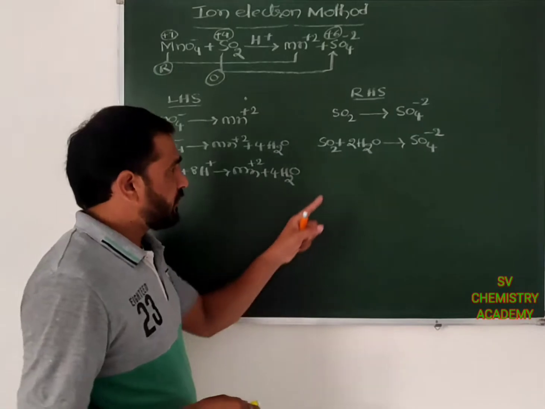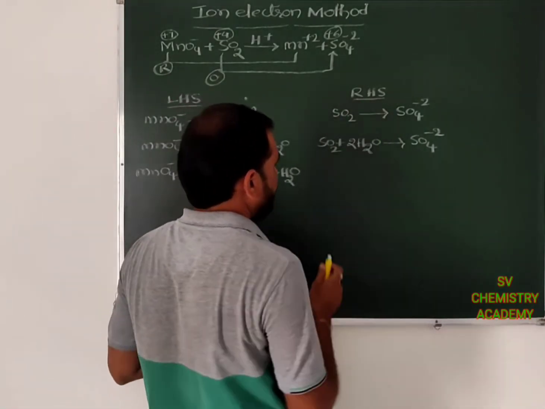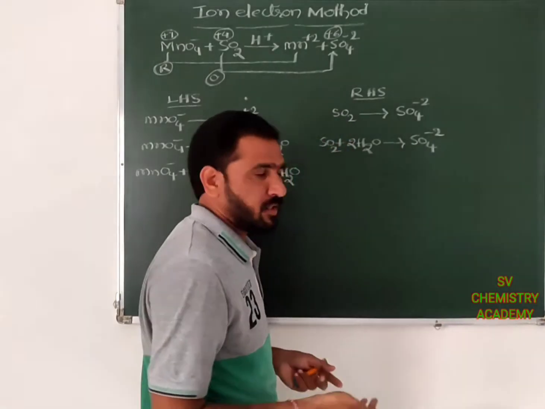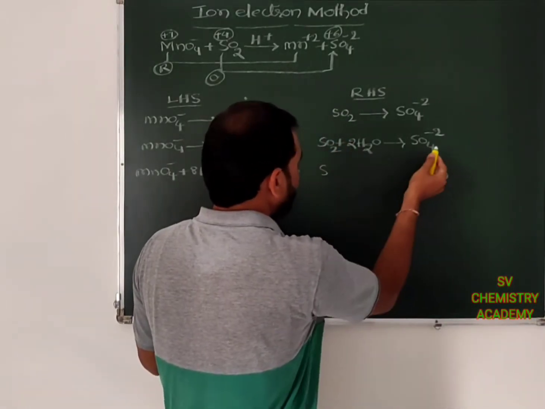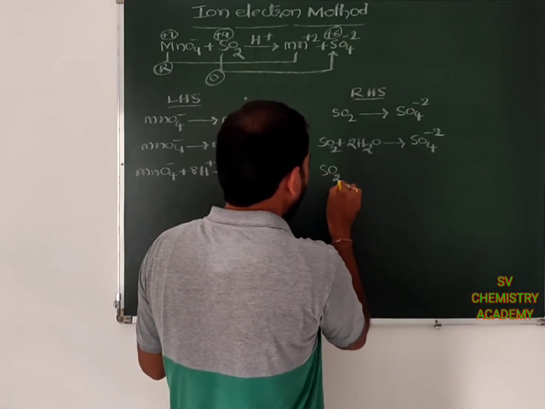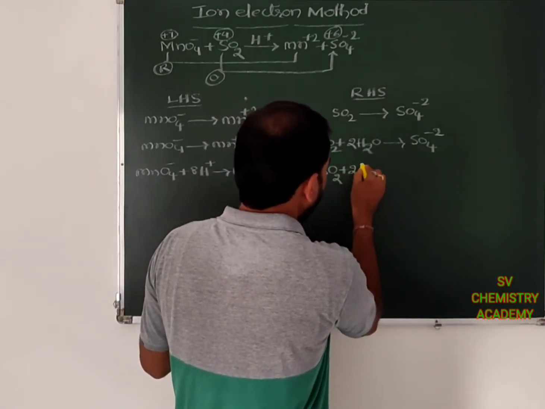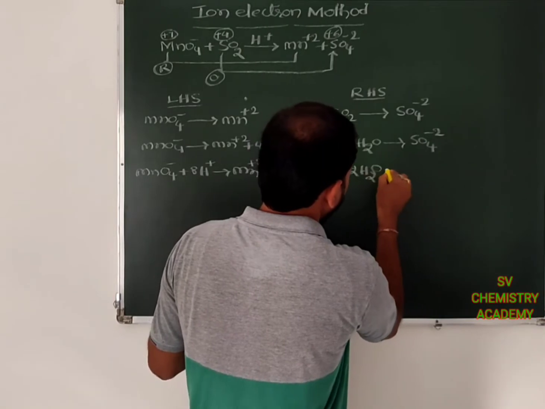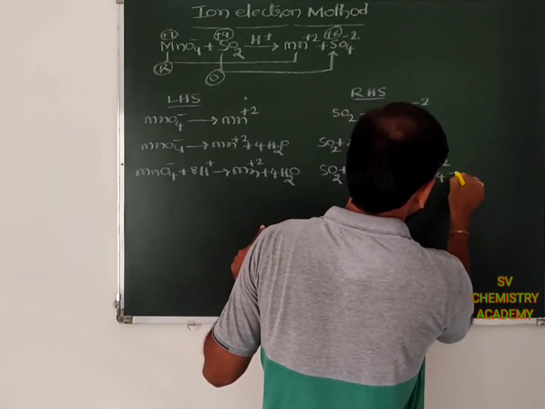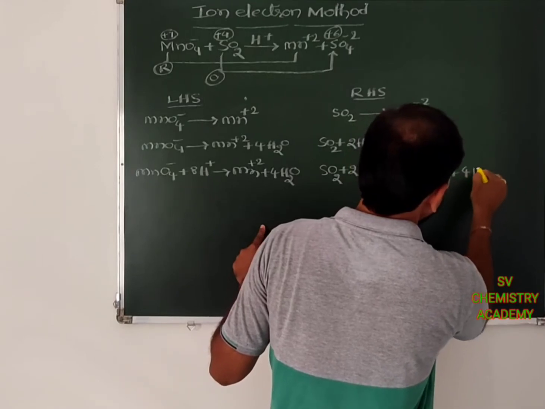Is it clear? Then coming to this RHS, the left side has 4 hydrogens but the right side has 0. Therefore, the right side is deficient, so we need to add H plus on the right side. SO2 plus 2 H2O gives rise to SO4 minus 2 plus 4 H plus.